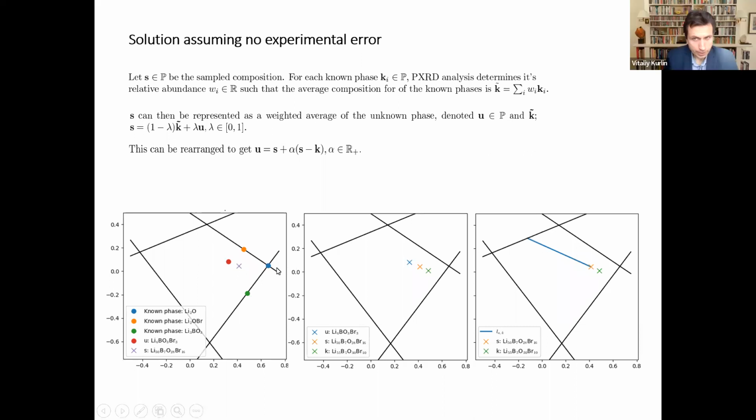The analysis has shown that there were some known phases, these 3 dots, and one new unknown phase, the red dot. Only one unknown. Only one unknown. But we don't know the position of the red dot. Yet. Exactly. But we know 3 other dots.